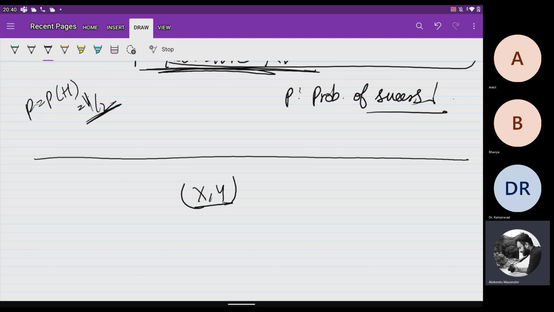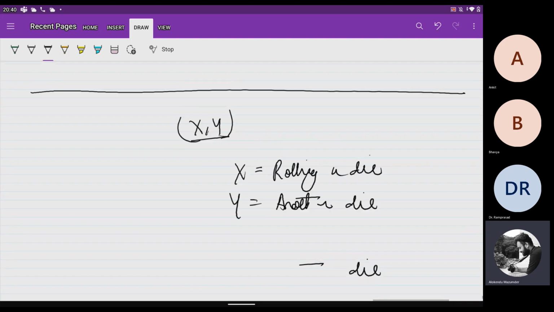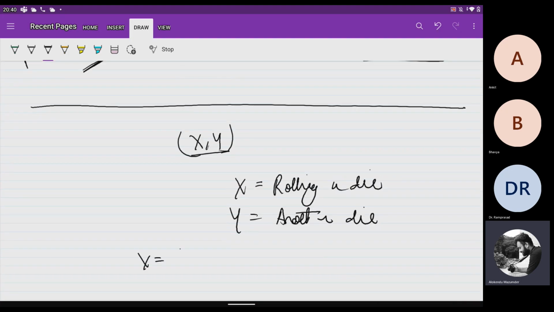Let's say that x is a random variable for rolling a die, and y is another random variable for rolling another die. So x will take values from 1 to 6. Similarly, y will also take values from 1 to 6.